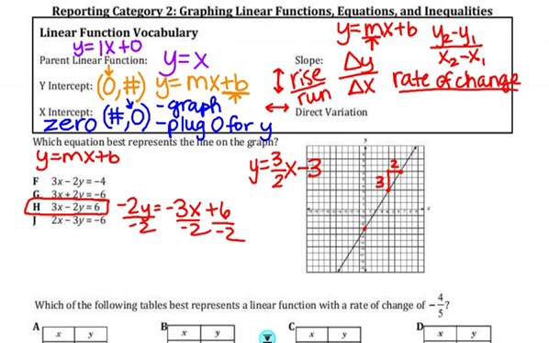Just real quick, when I solved, I subtracted the 3x to the other side, and then I divided everything by -2. So remember, a negative divided by a negative gives us a positive 3/2, and then right here I'll get that -3. Alrighty.